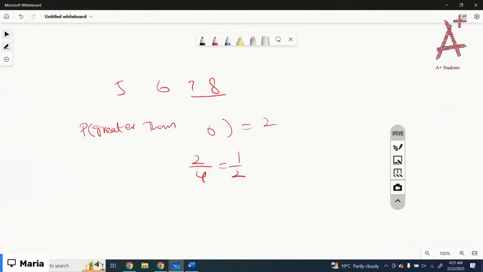Got it? So the correct option is 1 over 2.